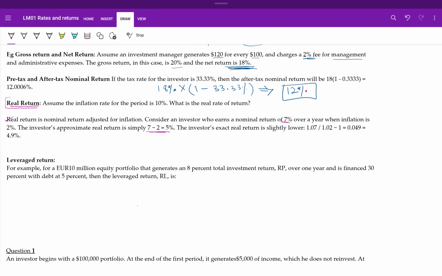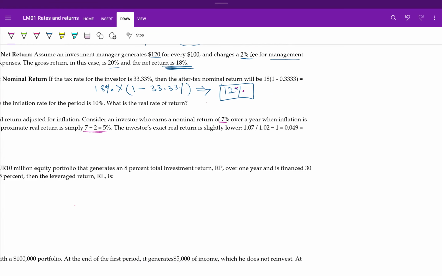So this is going to give us a rough approximation of 5%. And here also, if we apply this, roughly it's going to give us 12 minus 10, which is 2%.